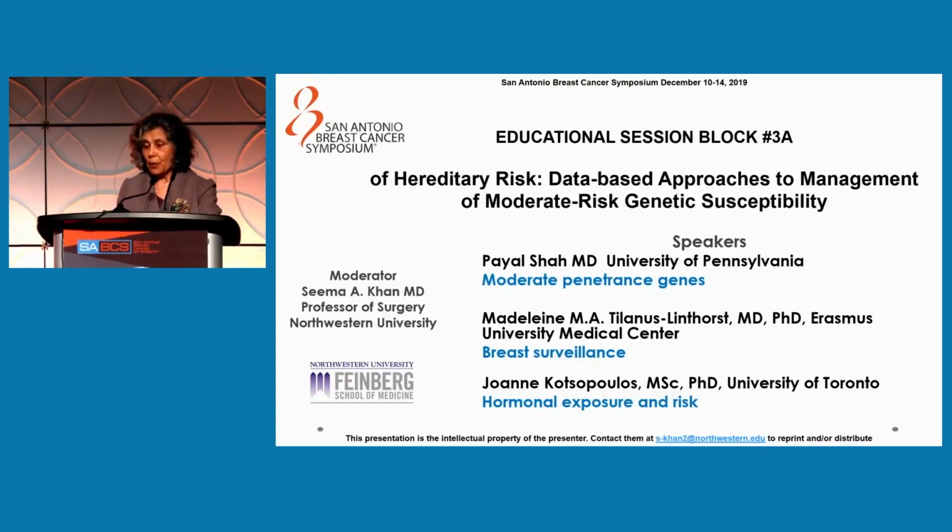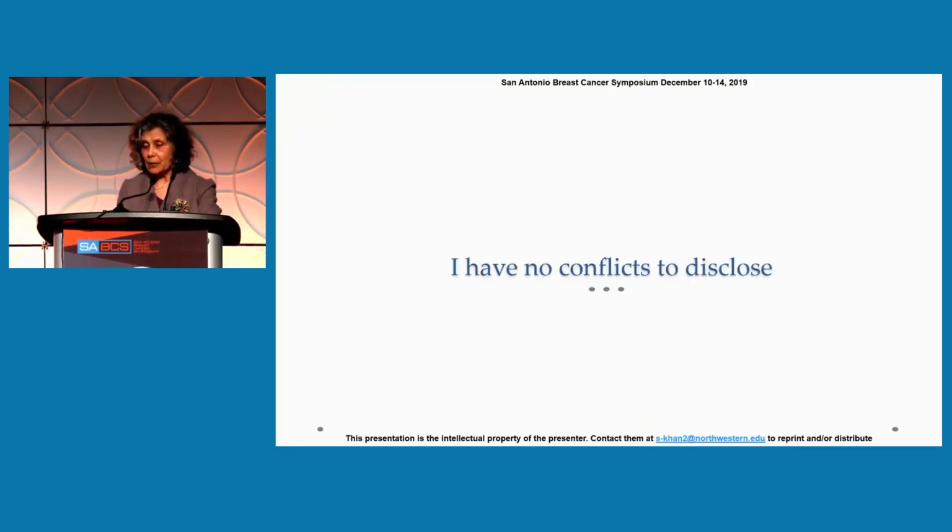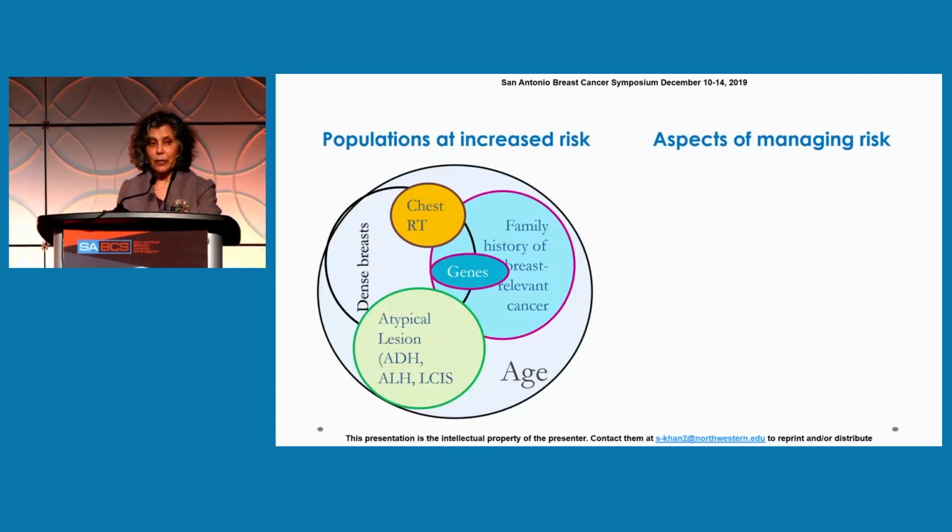So before we start with the speakers, I would just like to touch on a couple of points that are germane, I think, and that we need to think more about going into the next phase of defining risk management for this population. And I've just displayed here the large number of risk factors that we have to consider in our patients who are concerned about breast cancer risk.